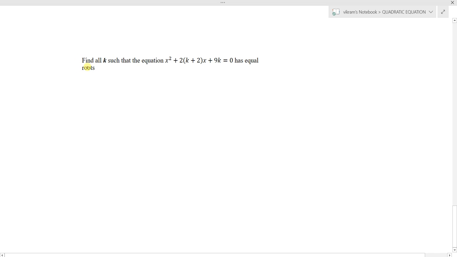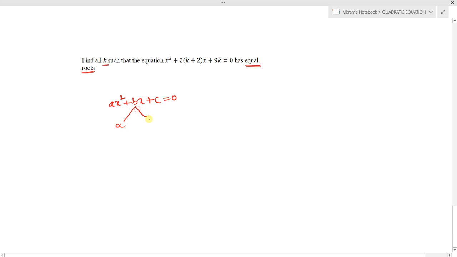The question is, find all k such that the equation x square plus 2 times of k plus 2 of x plus 9k equals 0 has equal roots. Any quadratic equation x square plus bx plus c equals 0 will have two roots.